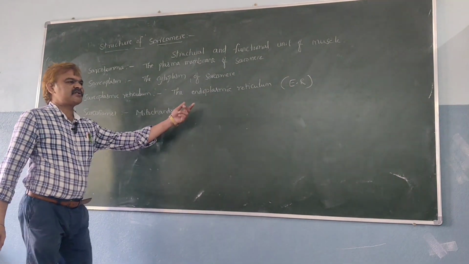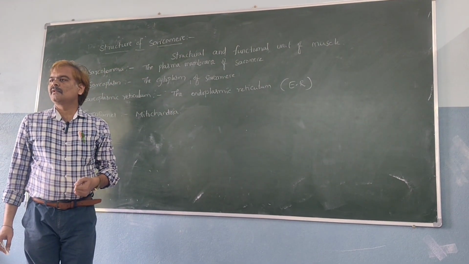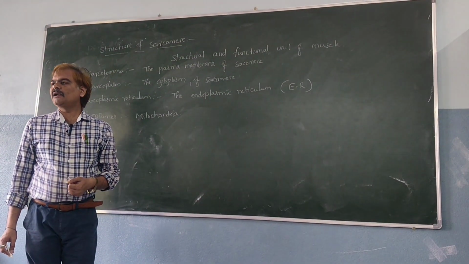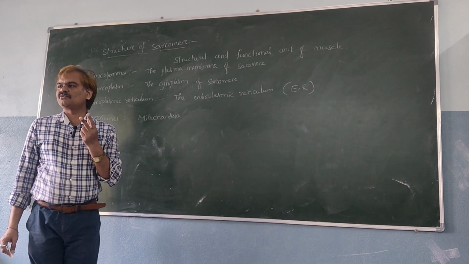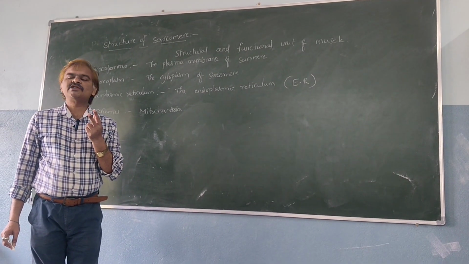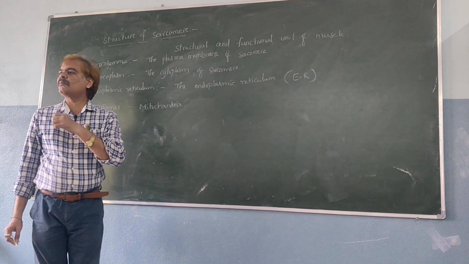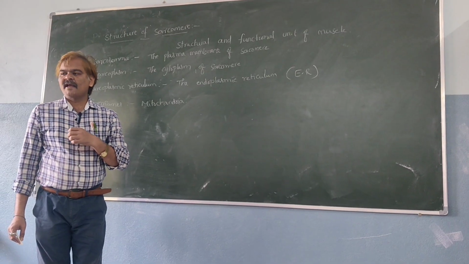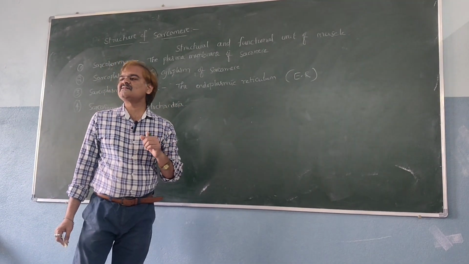So what is the function of the endoplasmic reticulum? It is divided into two types: smooth endoplasmic reticulum and rough endoplasmic reticulum. Smooth endoplasmic reticulum is helpful for the metabolism of carbohydrates and lipids. Rough endoplasmic reticulum is helpful for protein synthesis.